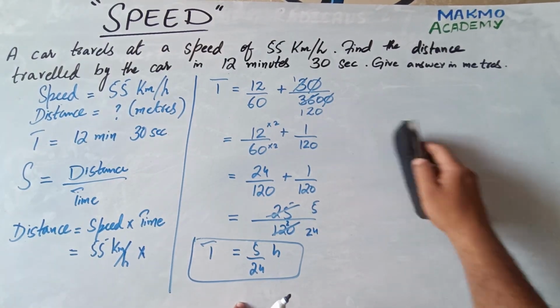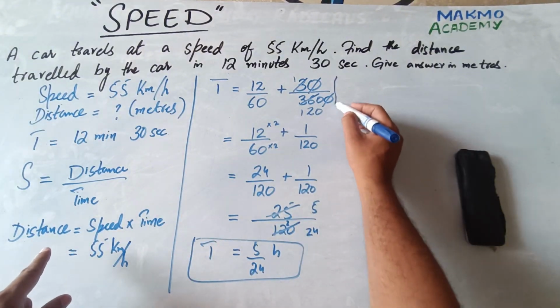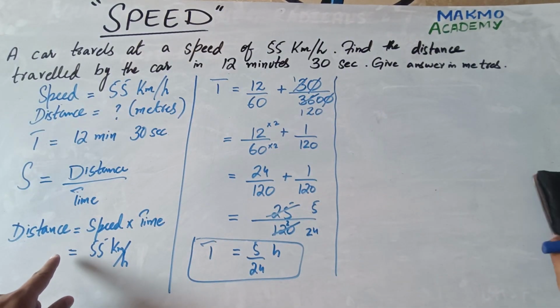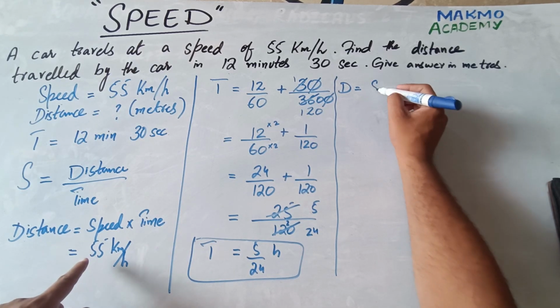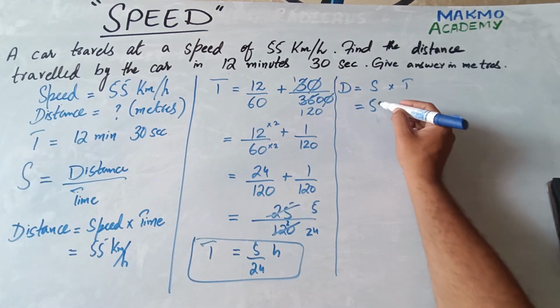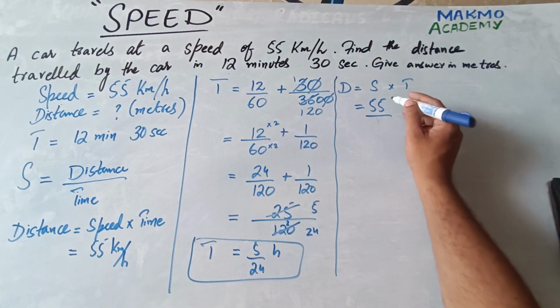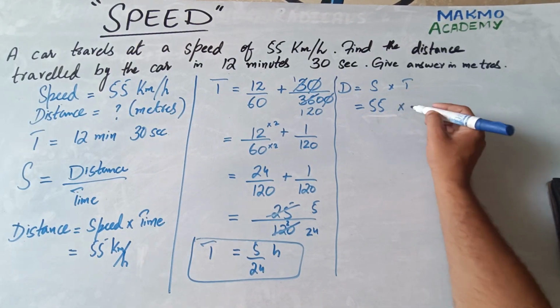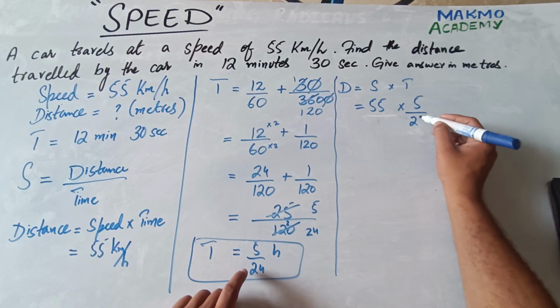So now let's put this value into this equation. If we put this into the equation, we will get the answer of the distance. Distance is equal to speed multiplied by time. Now we have speed in kilometer per hour, and time 5 upon 24.